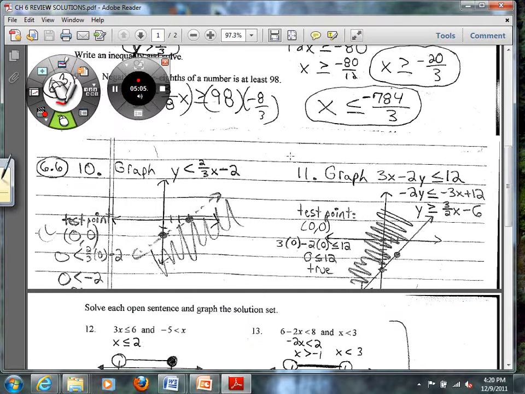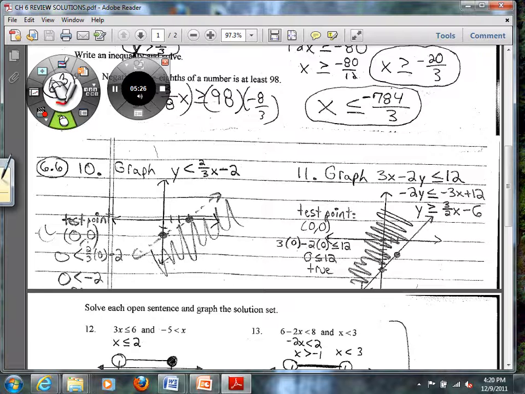Okay, the graphing, the y-intercept here is -2, so put a dot at -2, and then the slope is 2/3, so we just go up 2 over 3, put another dot there, and then that's a dotted boundary right there. So then we need to determine the shading.